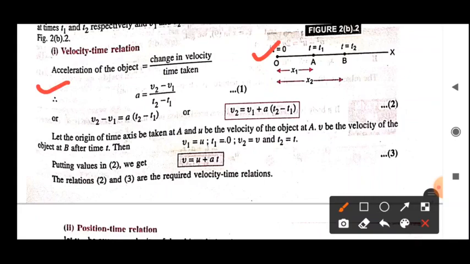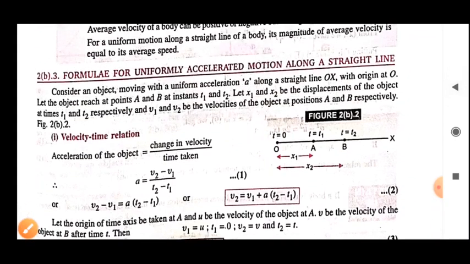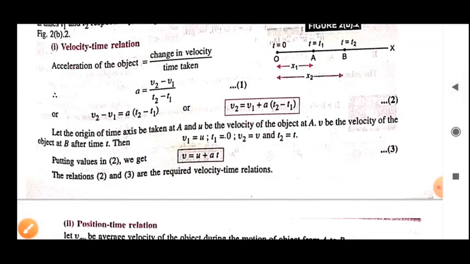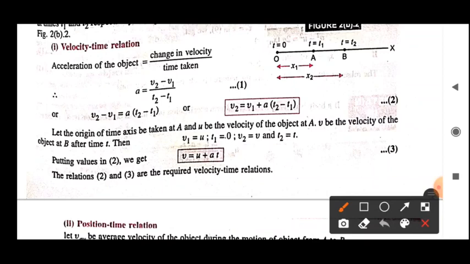In our assumption, the particle is moving with velocity v1 at point A and with velocity v2 at point B here. So let's see now. Here the change in velocity will be, going from A to B, v2 at B and v1 at A.